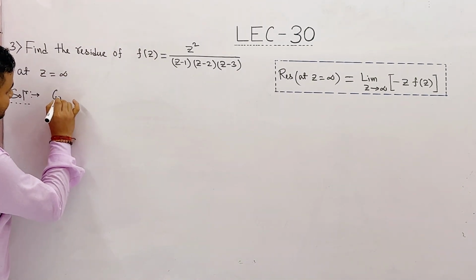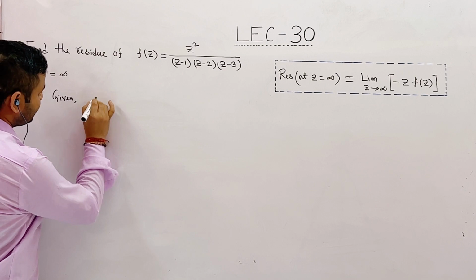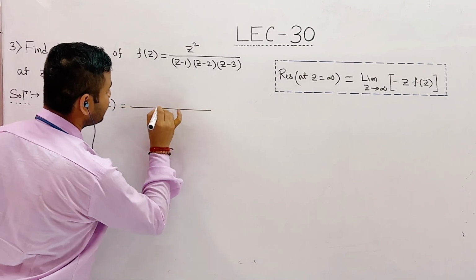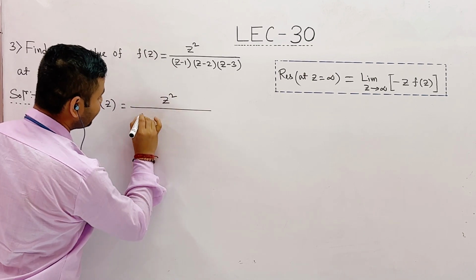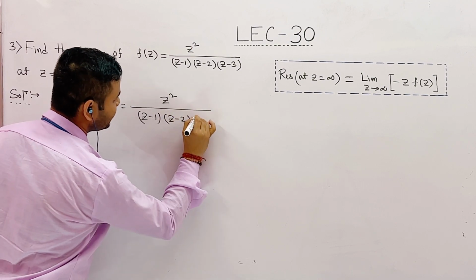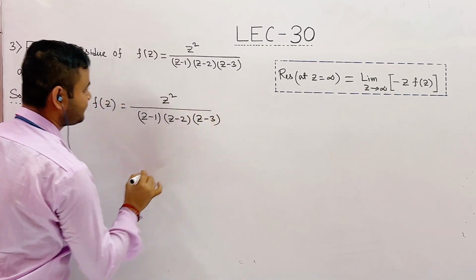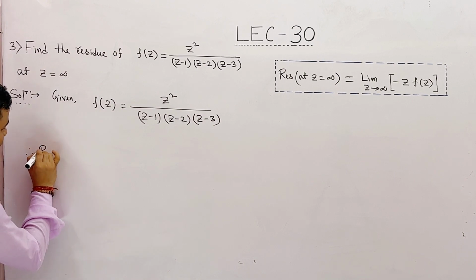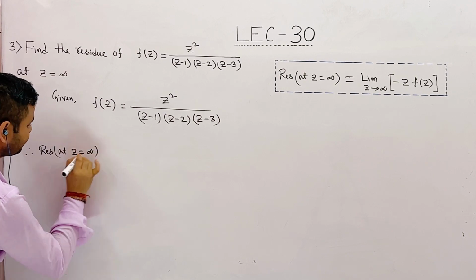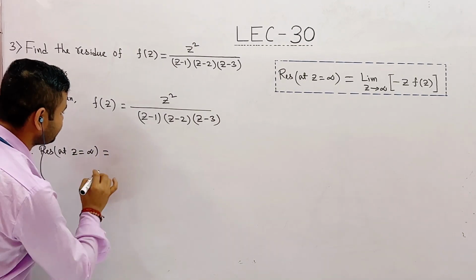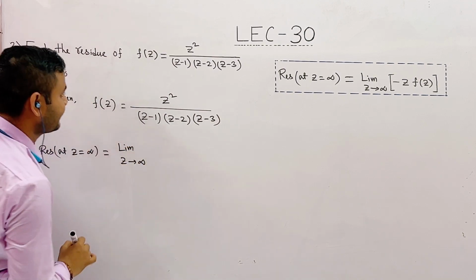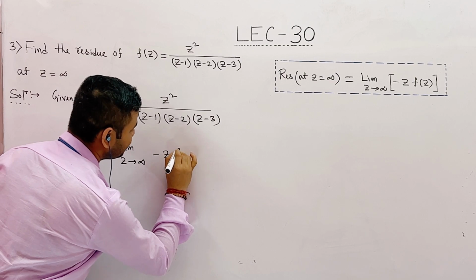Given f of z is equal to z square divided by (z minus 1) into (z minus 2) into (z minus 3). So, therefore, residue at z equal to infinity is equal to limit z tends to infinity of minus z into f of z.